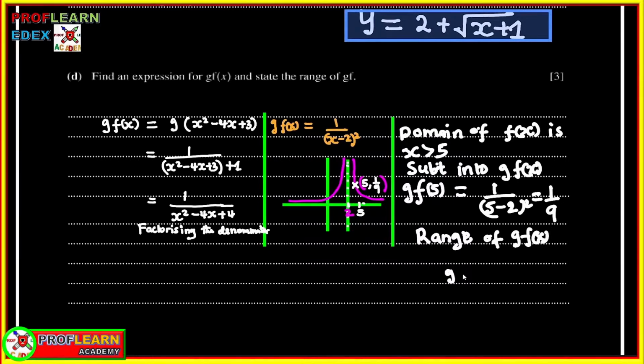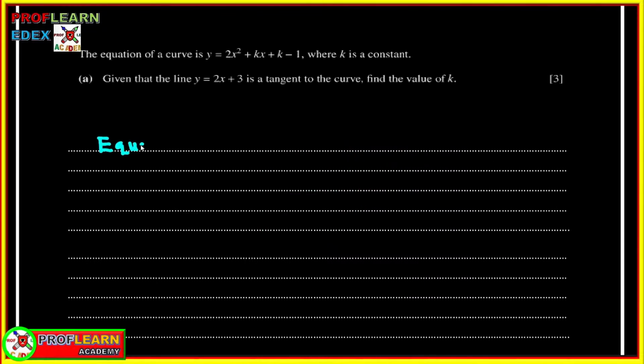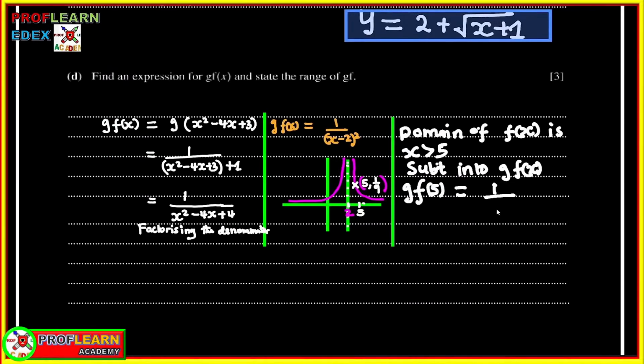So the range in that case, if you substitute, you are going to get 0. So the range of gf of x is going to be from 0 all the way to 1 over 9.